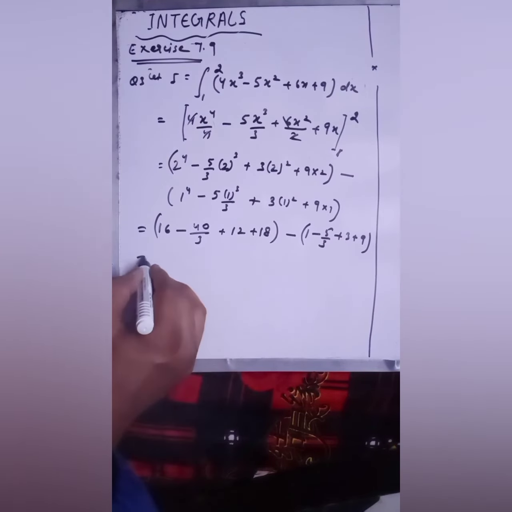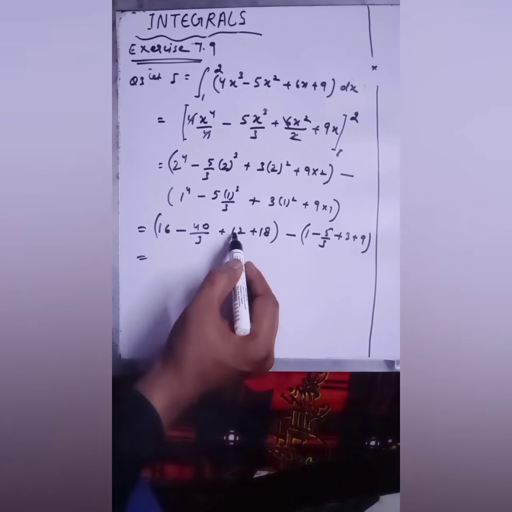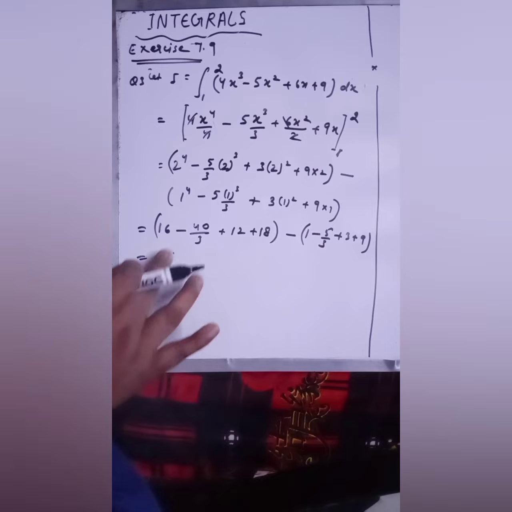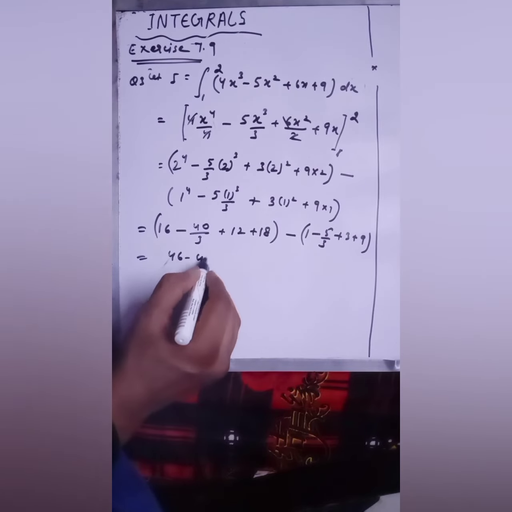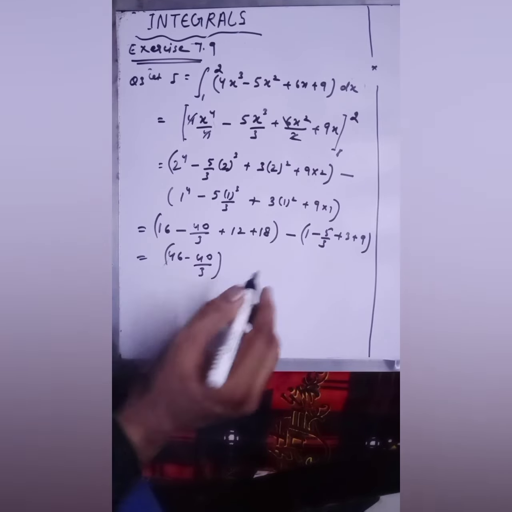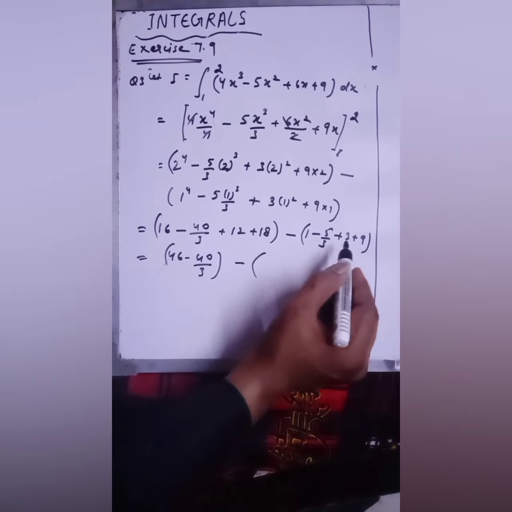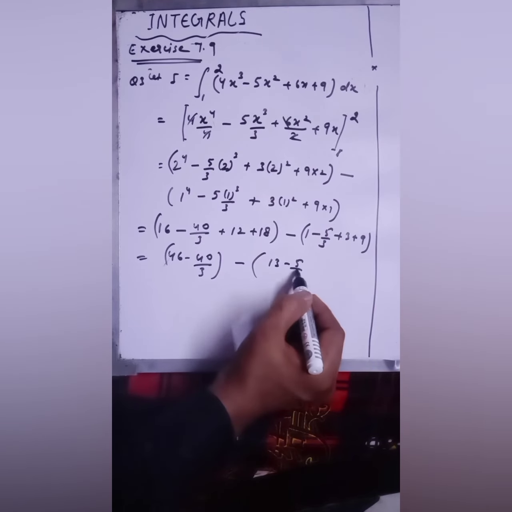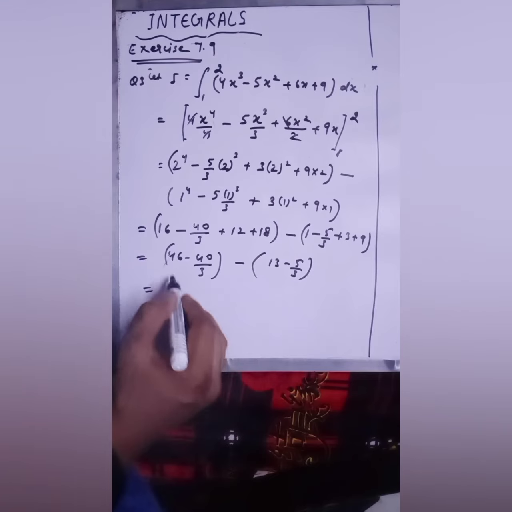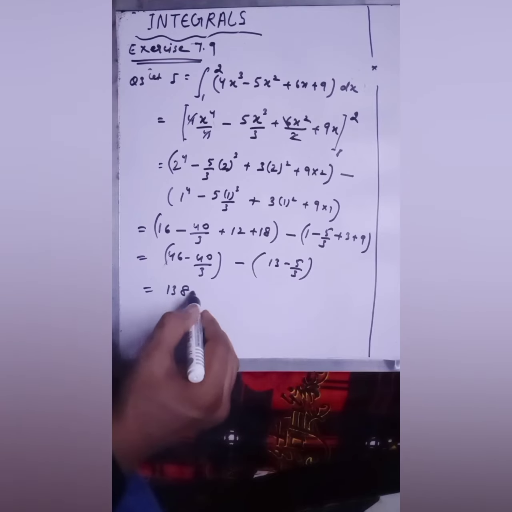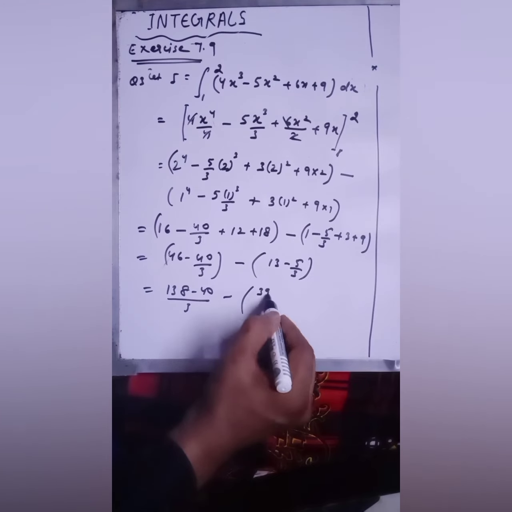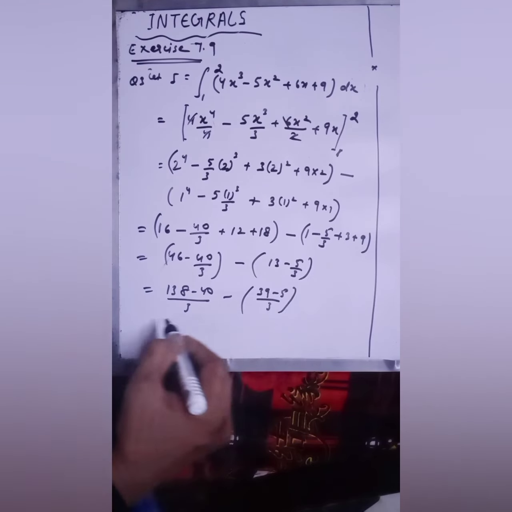Just you have to simplify it and you will get the answer. This is your 30 plus this 46, sorry, minus, similarly this will be 12 plus 1, 13 minus 5 by 3, minus 39 minus 5 by 3.